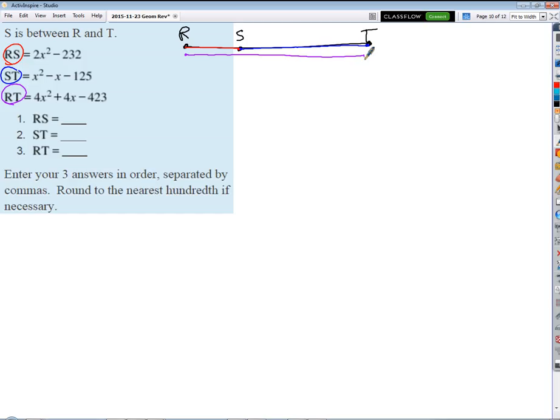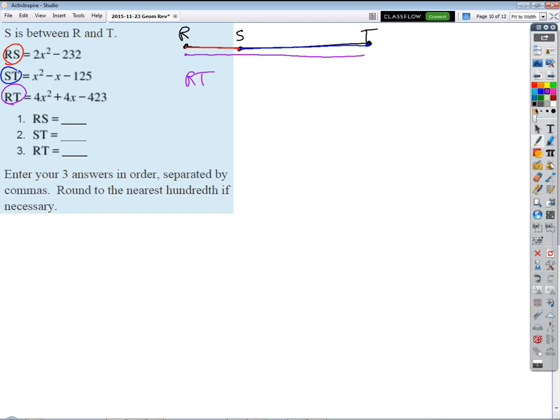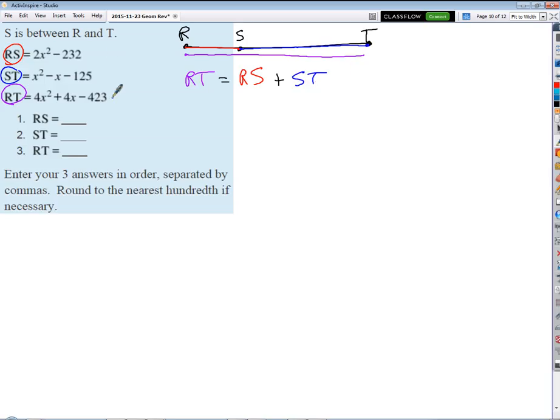So what does that mean in terms of an algebra equation? What do we get? Okay, good. We're just going to get the length of the whole thing, RT, is equal to that short length plus that short length. And look, we've got expressions for all three of those.